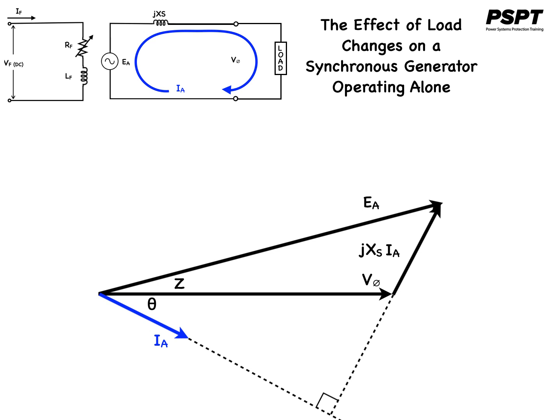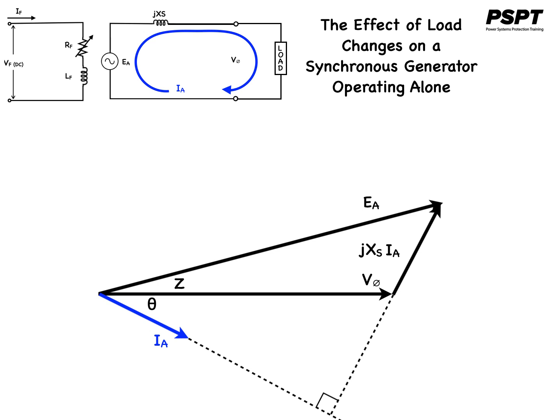If EA is constant, just what does vary with the changing load? The way to find out this is to construct a phasor diagram showing an increase in the load, keeping the constants on the generator in mind.